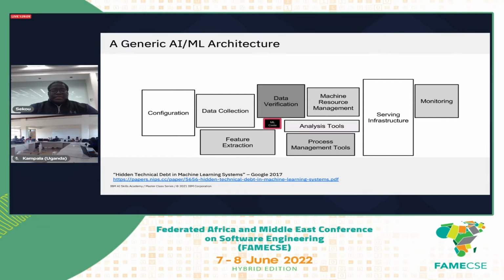We have to consider configuration. We have to consider how the data was collected and the process through which that data was made available for use. This notion of verification. I won't go through all of this, but I'd like to make the point that the use of AI is a lot more than just the parts that you may see in a research paper.